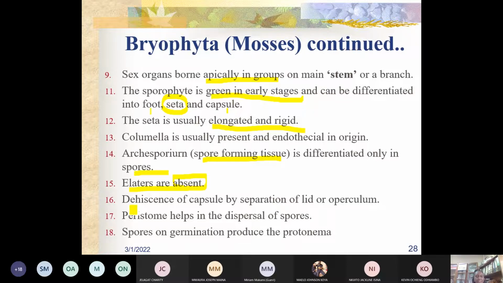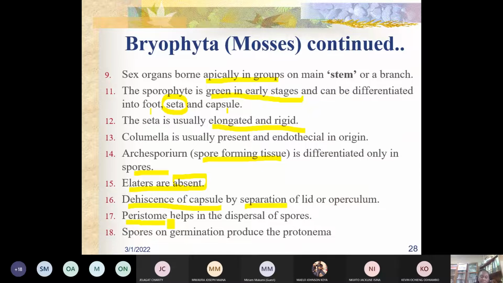So dehiscence normally occurs by the lid. There's an operculum on the capsule. That lid normally opens up and it causes, of course, the spores to come out. But what helps the spores to come out, there is a structure that we are going to see.